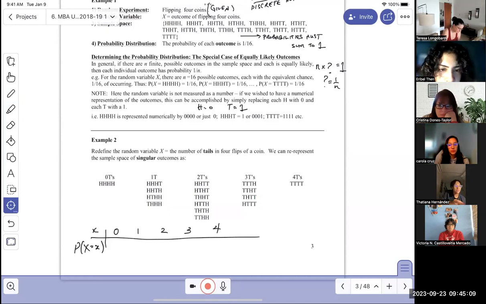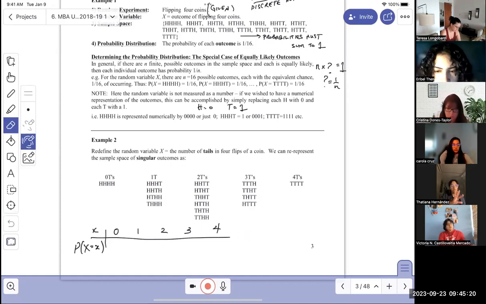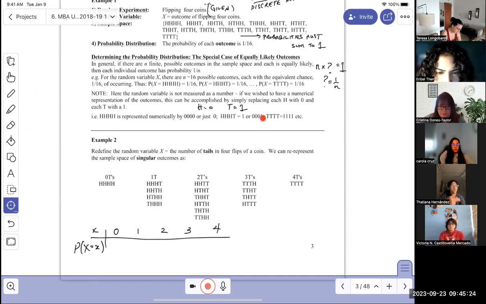If we don't have the T's, because as I understand right now, it's maybe categorical, but we could transform them to numbers, like as you said, 0 to H and 1 to T. Mm-hmm. So how do we make this table with just zeros and ones?